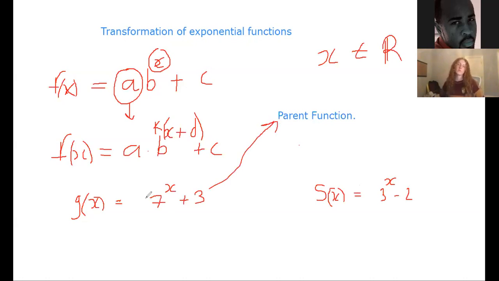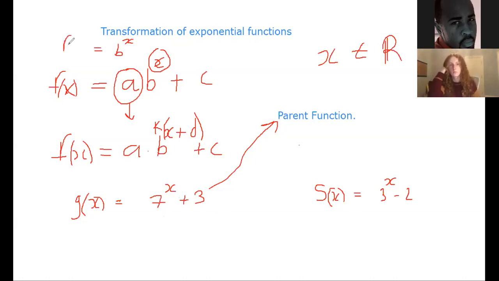Now for this function, if you look at the two examples, the bases are different, correct? Yes. But every exponential function comes from the parent. If I was to just write the skeleton, the parent is actually b to the x, okay? Every single exponential function is derived from that parent function.